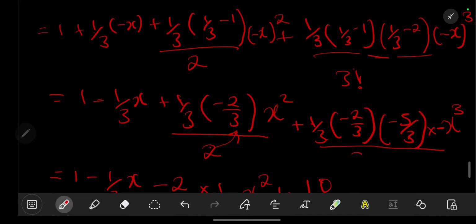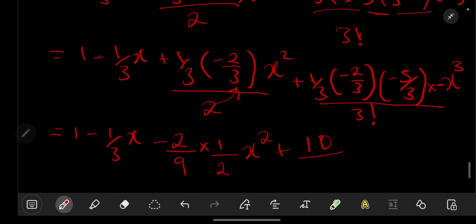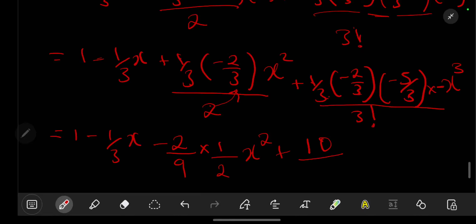So we have over 3 times 3 times 3, it will give us 27. So we are going to have our 27, then 3 factorial. So we are going to say 1 over whatever number is here. 3 factorial is equal to 6 without wasting time. Then we have times our negative x to the power of 3.